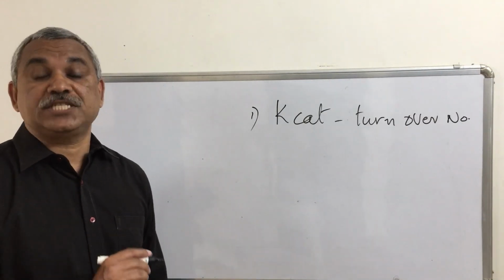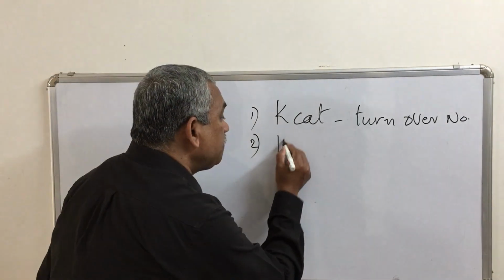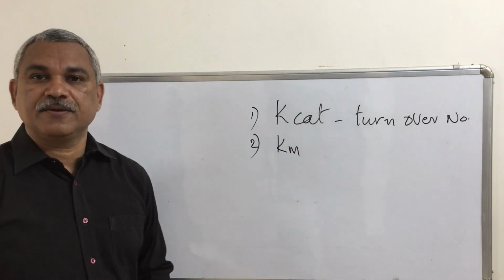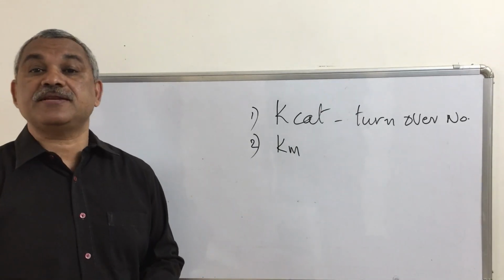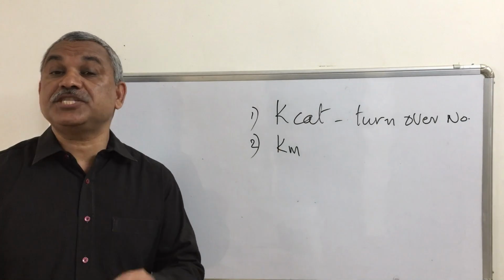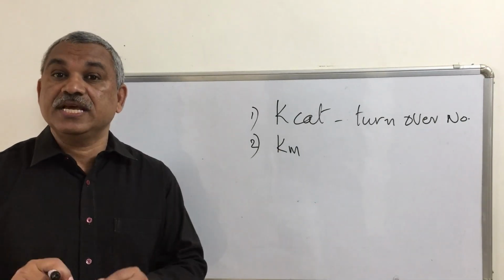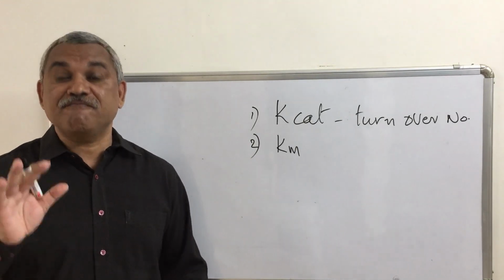A second concept that we need to understand is the Km value. We know from our enzymology classes that this is the Michaelis-Menten constant. Km means the concentration of the substrate at which the enzyme shows half the maximum velocity.